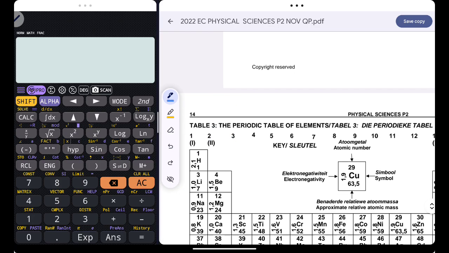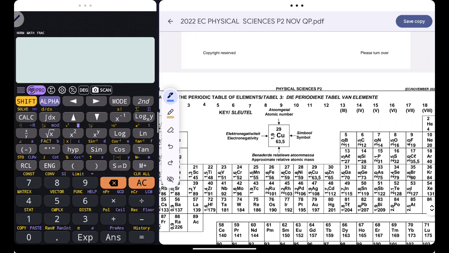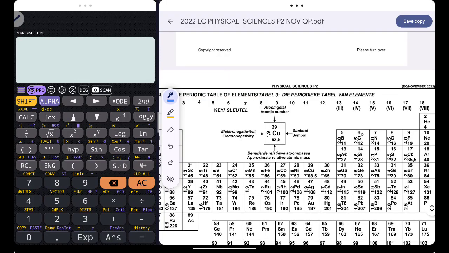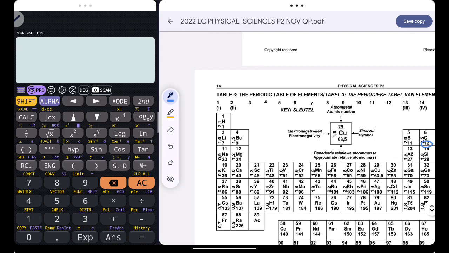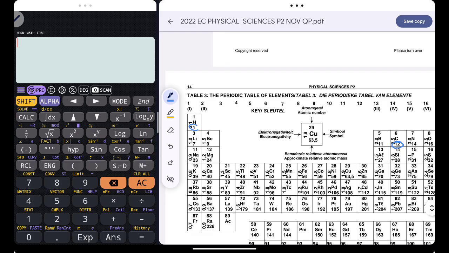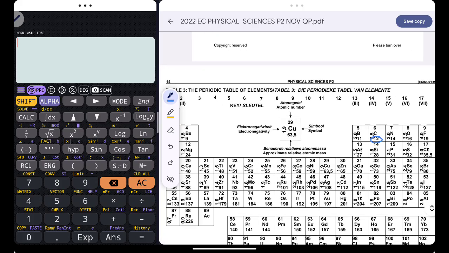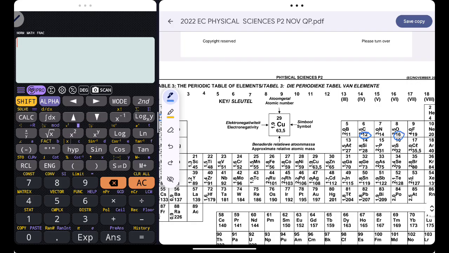On your periodic table we are looking at carbon. Here is carbon then. This number here is the relative atomic mass number, 12. Are you together? Hydrogen is here. This is the number. And then for oxygen we have 16 there. Are you together?